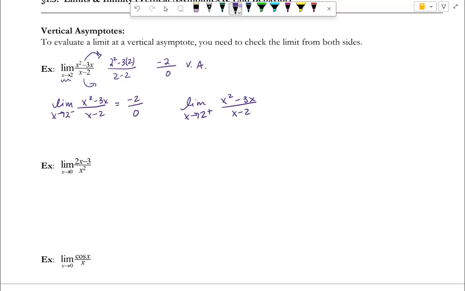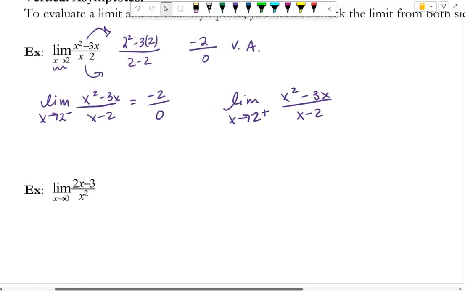But what we need to imagine is that if we're coming from the left of 2 on the number line, we're approaching 2 from values that are really, really close to 2, like 1.99999, for example. I'm not changing anything about the numerator. I just want to consider what the sign of the number in the denominator would be.